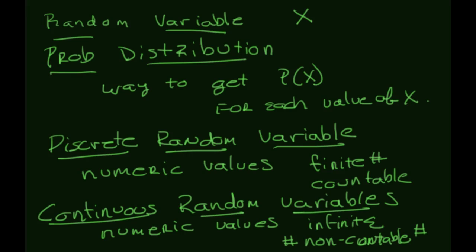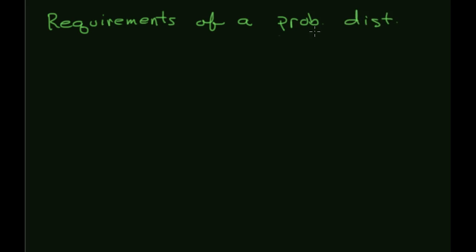Okay, so if I have a probability distribution, there's going to be certain requirements that have to be met. So we're going to get into here the requirements of a probability distribution. Okay, 1. The distribution associates each value of x with the probability of that happening.